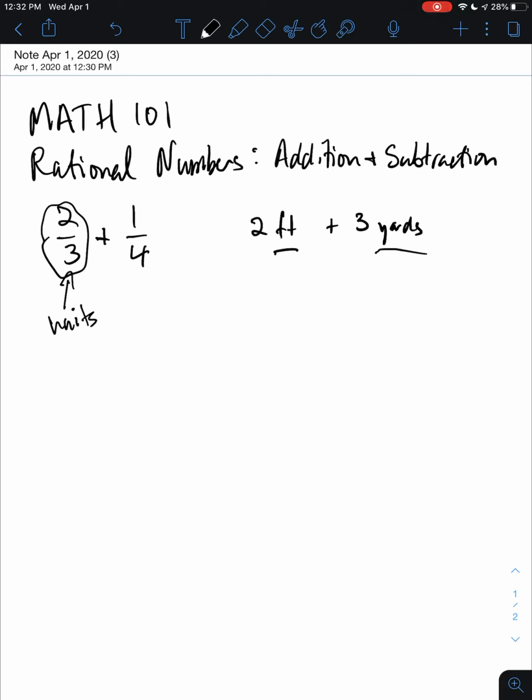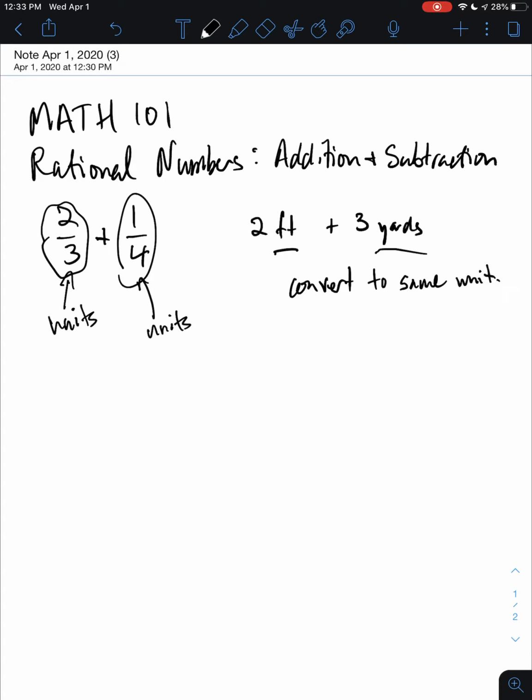So I've got 2/3. And over here, the units are quarters or fourths. And they are different units, so I can't add feet and yards. I also can't add thirds and quarters. I can't add apples and oranges. So what I have to do is convert to the same unit.